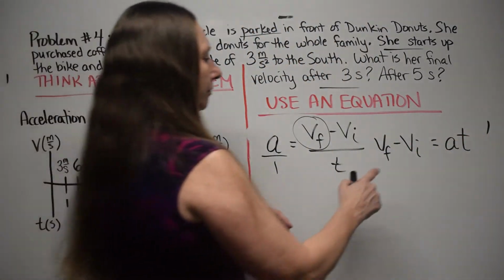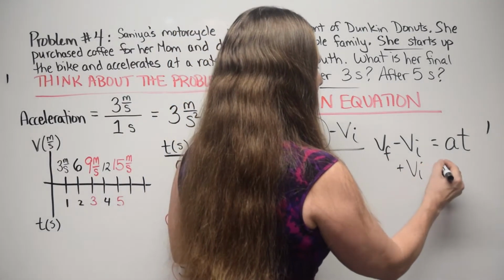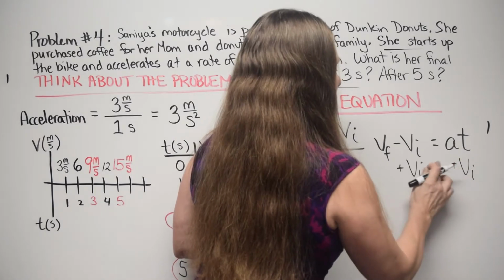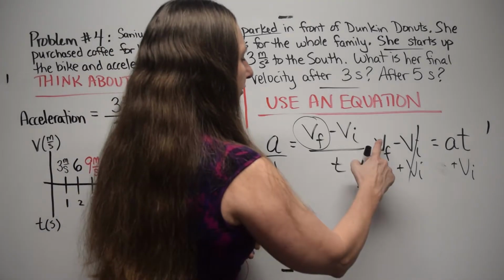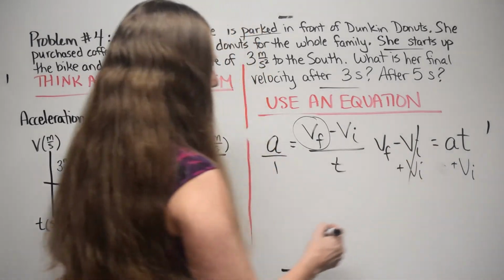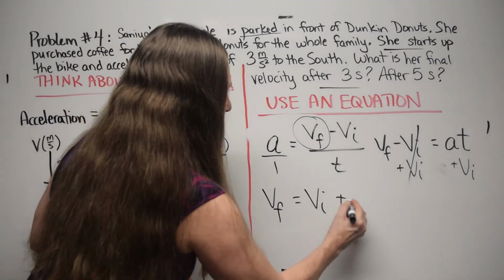Now, you want V final by itself, so add V initial to both sides. These cancel. And the equation that you're getting, V final equals V initial plus AT.